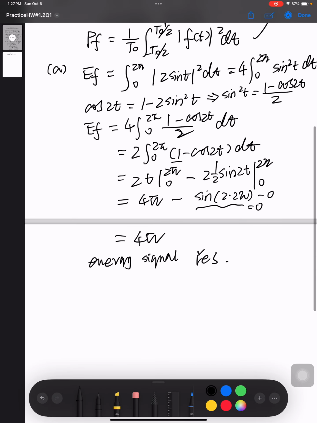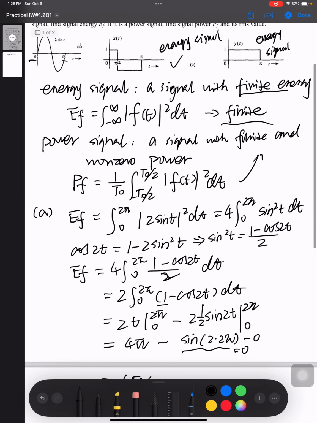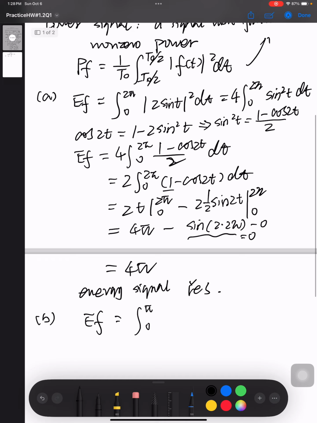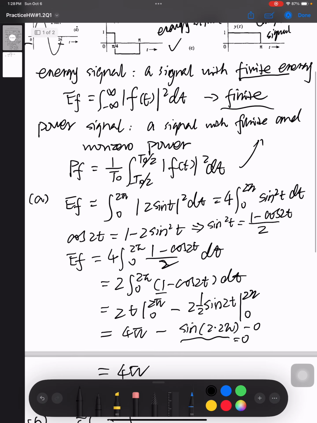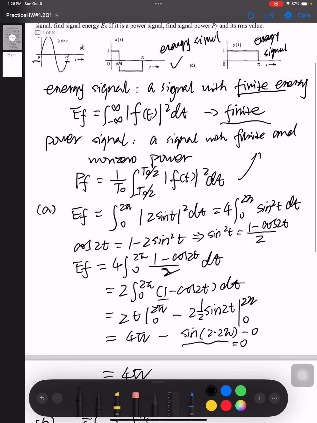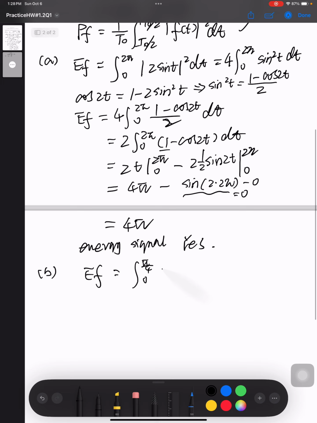So for B, EF is simply the integral from 0 to pi over 4 of 1 squared dt, and plus the integral from pi over 4 to pi, where the value is minus 1, and minus 1 squared is 1.